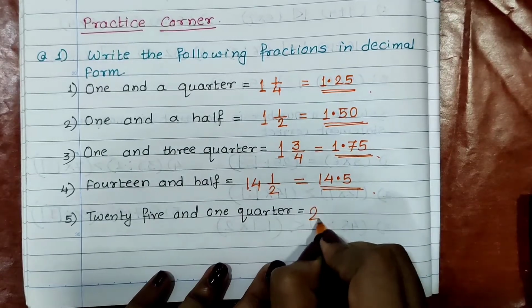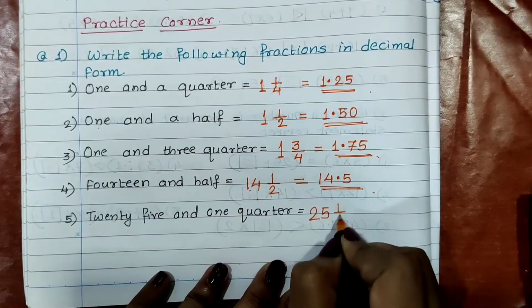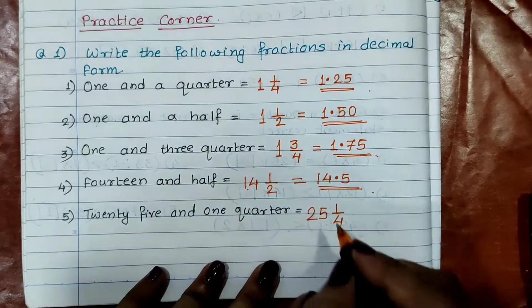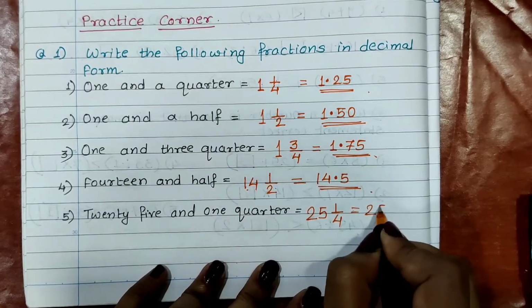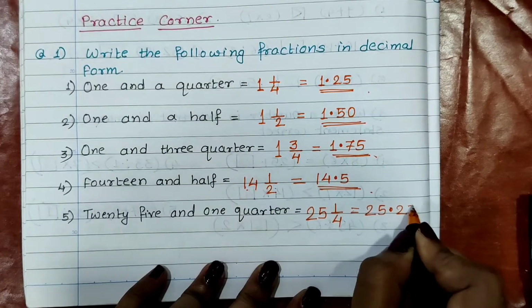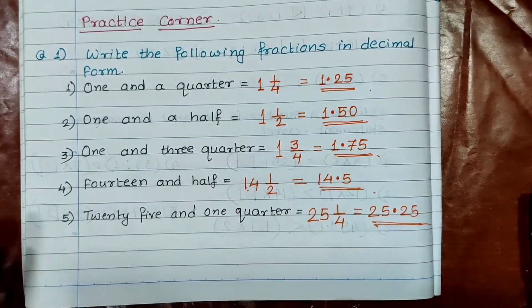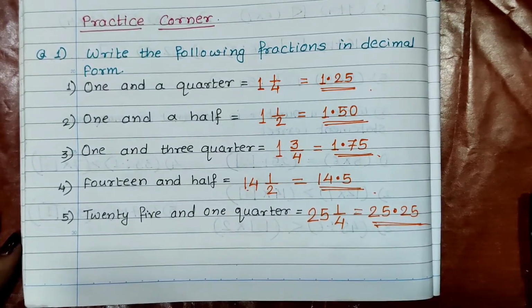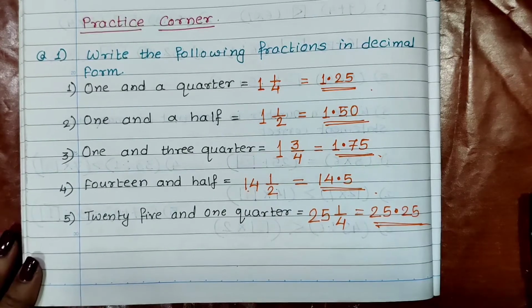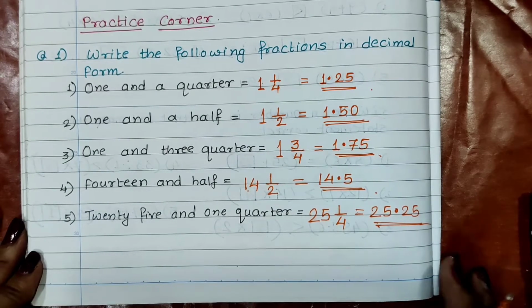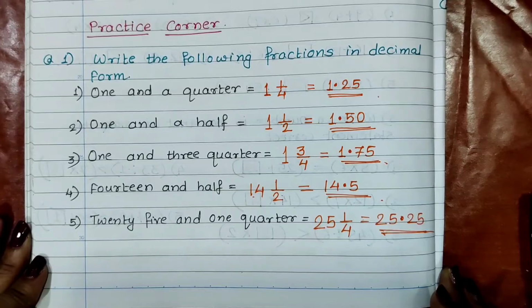So it can be written as 25.25, as 1 quarter means 0.25. So in this way you have to solve this question from practice corner. You can take the screenshot and then we will go on to the next question.